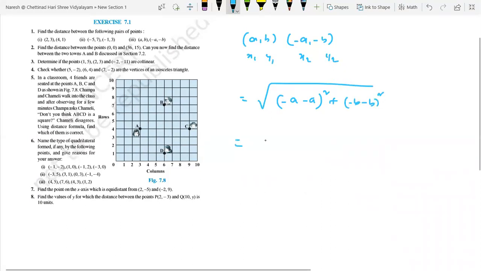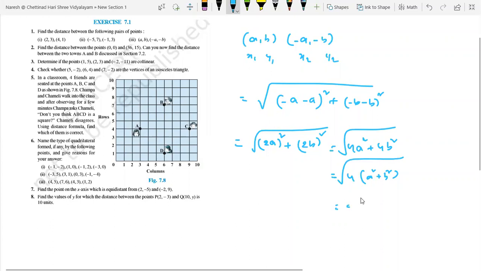This will give us 2A whole square plus 2B whole square, which is 4A square plus 4B square. Taking 4 common, 4 of A square plus B square under the root, this will be 2 root of A square plus B square. So when you are working with variables, be careful.